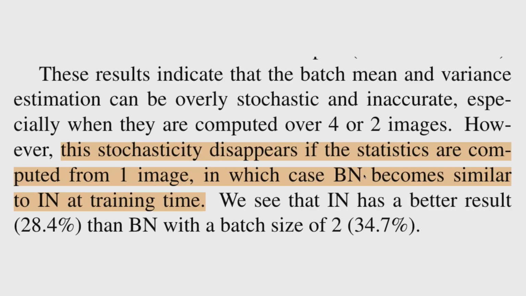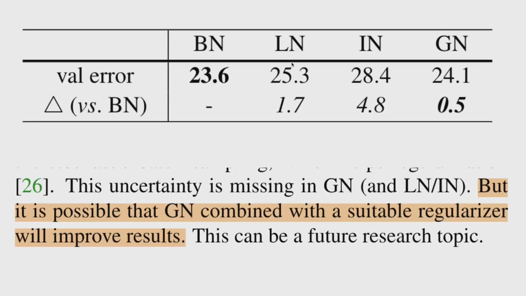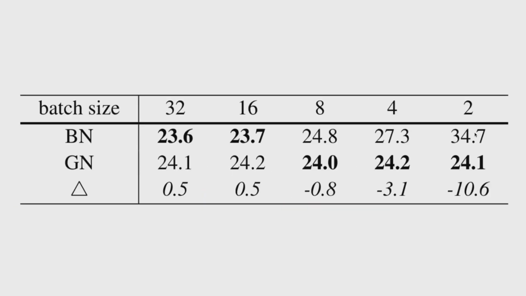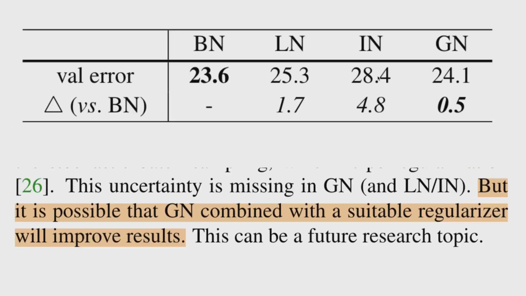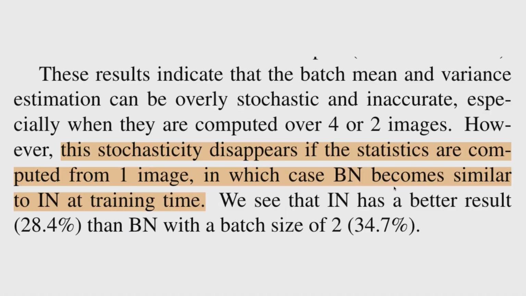And in that case, batch norm becomes similar to instance norm at training time. So if we look at instance norm here, instance norm had a 28.4% error rate, and a batch size of 2 with batch norm had a 34.7% error rate. So instance norm, which is batch norm with a single image, performs better than batch norm with a batch size of 2.